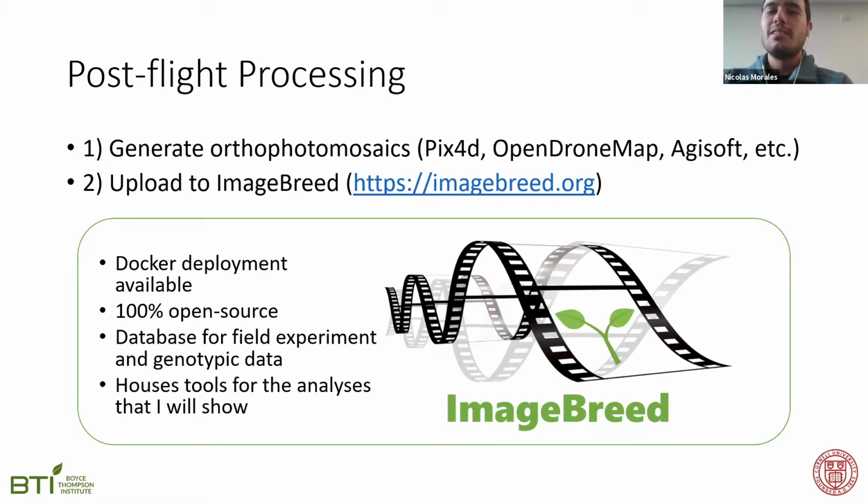This is a Docker deployable software, so you can set up an instance on your own computer if you wanted. It's open source and it houses all the field genotypic data and analyses.